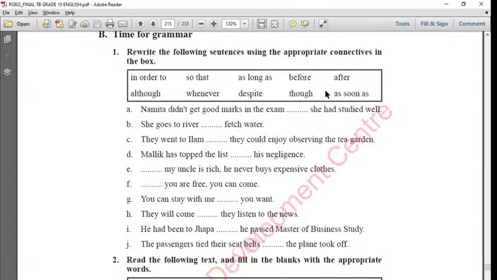Malik has topped the list despite his negligence. My uncle is rich. He never buys expensive clothes. Although is also suitable. Although my uncle is rich, he never buys expensive clothes.